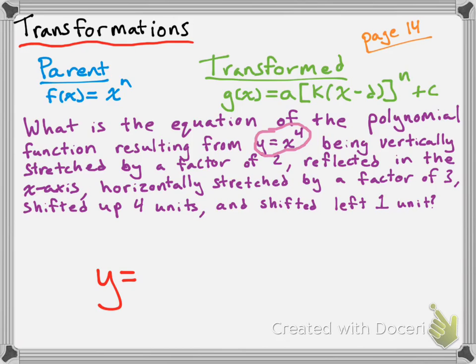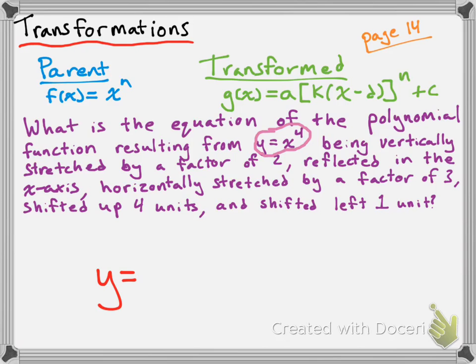Okay, so if you take a look at our general formula for a transformed function up top in green, we have g of x is equal to a times [k times (x minus d)] to the power of n plus c. We, of course, need that a value first, so we have to recall what is going to affect that a value in terms of the description. So remember that a is affected by vertical stretches and compressions, and is also affected by vertical reflections, which are reflections in the x-axis.